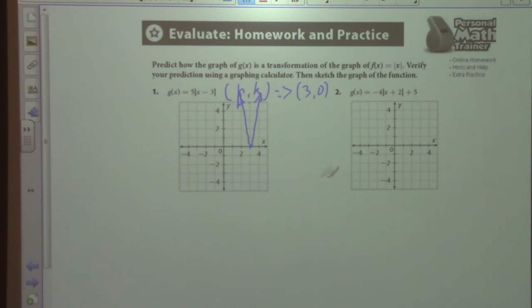It's not going to come out quite as well as what I have here. Go ahead and do number 2. On number 2, are you going to locate the vertex first still? Yeah.